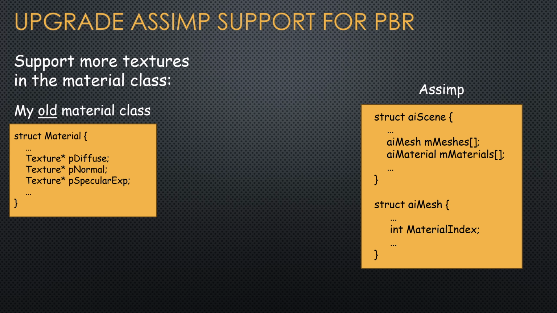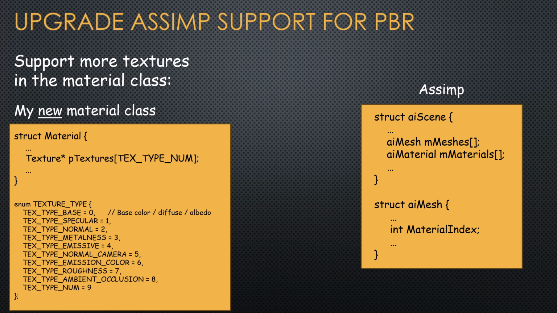Previously, I maintained pointers to the diffuse, normal, and specular exponent textures. But PBR needs more textures, so I changed this to an array of pointers to textures, where each index references a texture type. The size of the array is currently 9, and it now includes additional textures, such as metalness, emissive, roughness, and a few others.